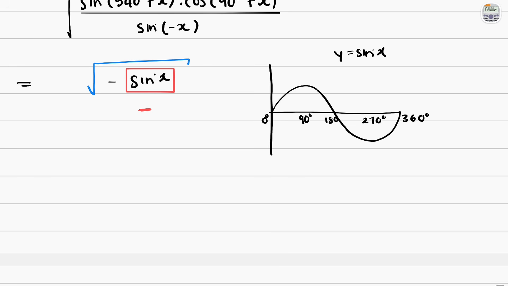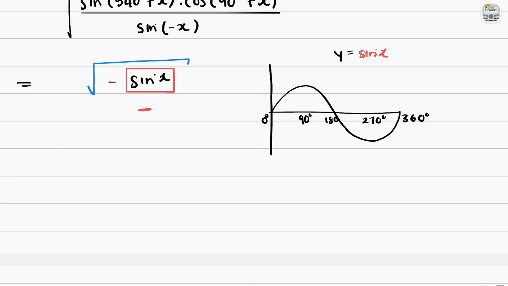With y equals sine x, where is it negative? Where does it have negative y values? The y values are found on the y-axis. If you take a point on the graph and you map it to the y-axis, you can see the y value it has. This has a positive number. If it was at 30 degrees, it would have a positive half.